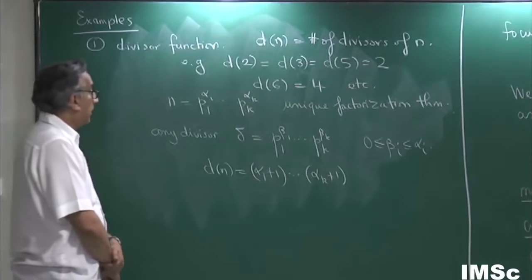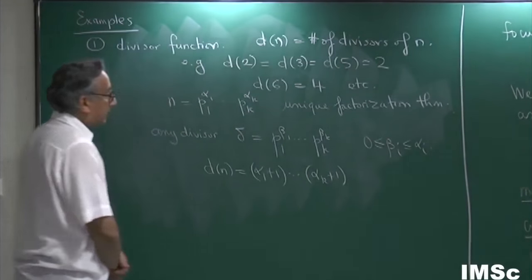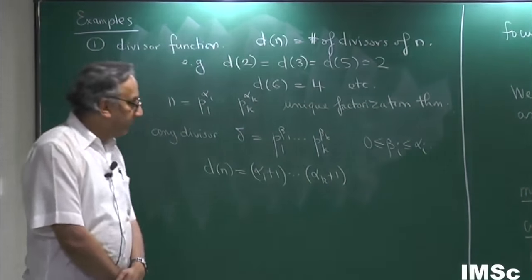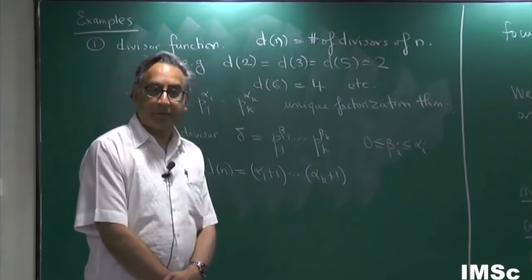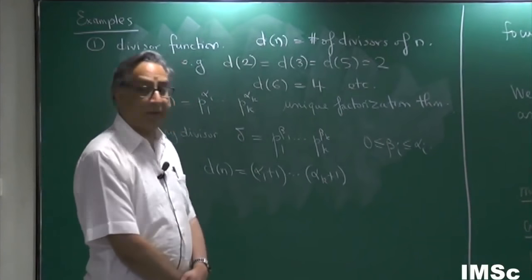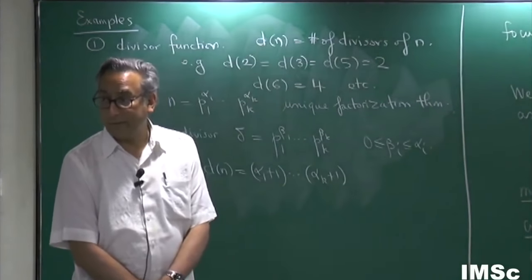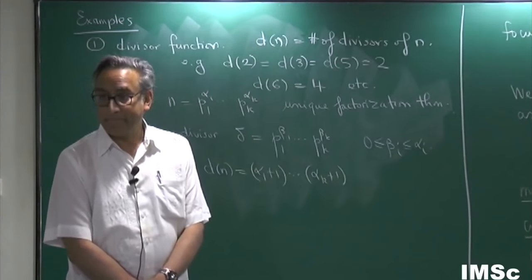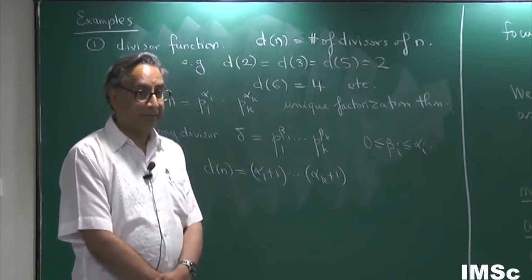So the question is, is this a multiplicative function, a completely multiplicative function, an additive function, or a completely additive function, or none of them? What kind of a function is it? Any guesses?